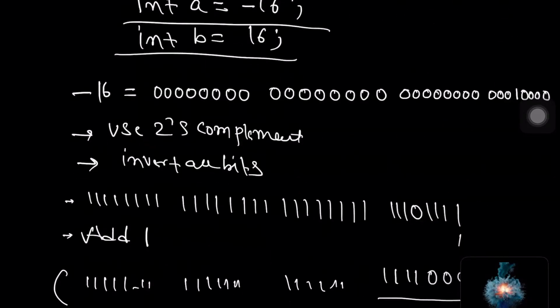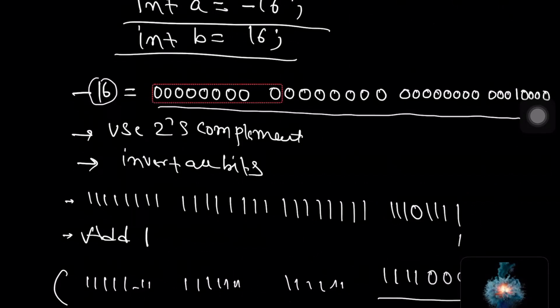So we'll take this example and then we'll end with this. First, because it's negative, we know that first we'll convert this to binary. I just converted this 16 to binary. Now I know that this is a negative number, right? So I said, if you have a negative number, you have to perform second complement.